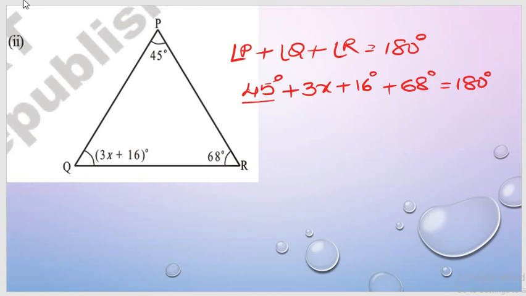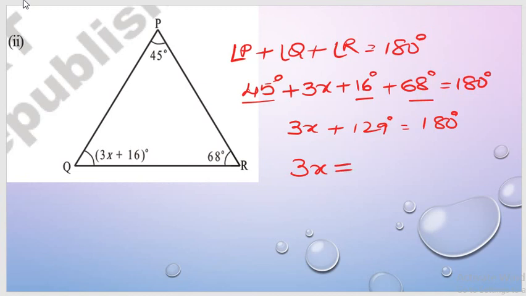Since these are all numbers, we can directly add them. 60 plus 10 is 70, 70 plus 40 is 110. 110 plus 5 is 115, 121, 129. So 3x plus 129 is equal to 180 degrees.